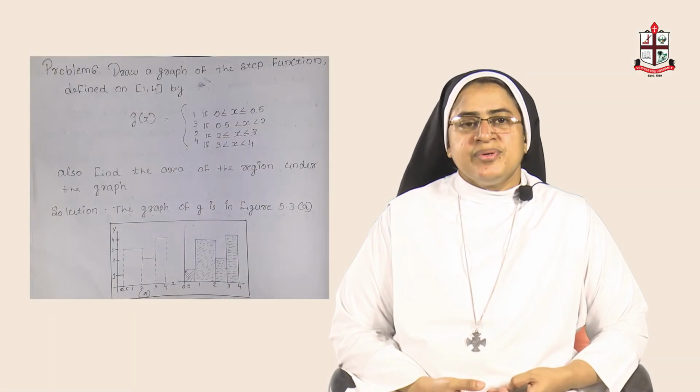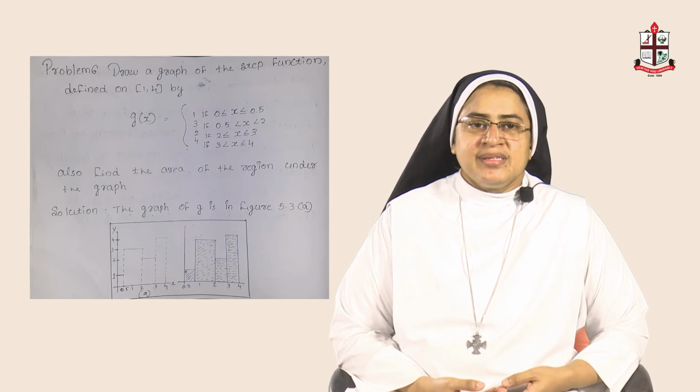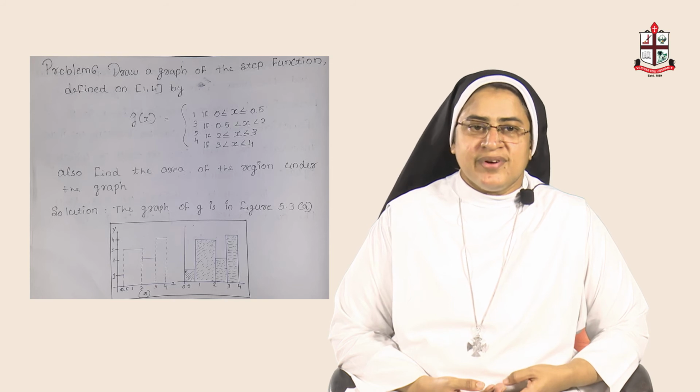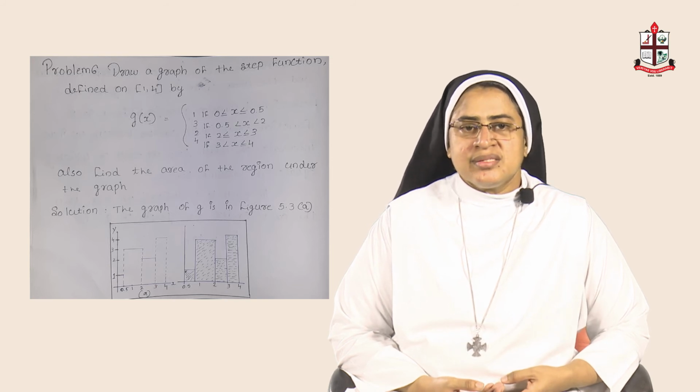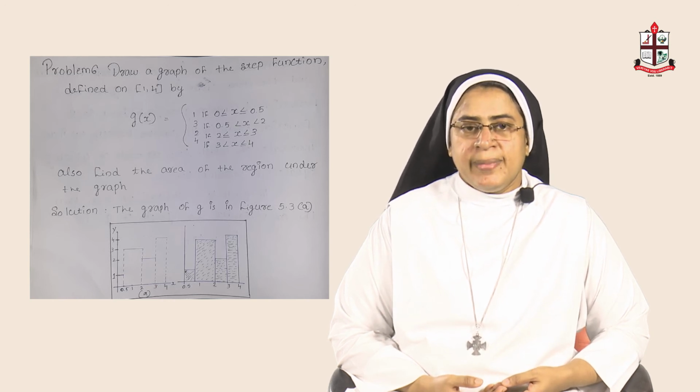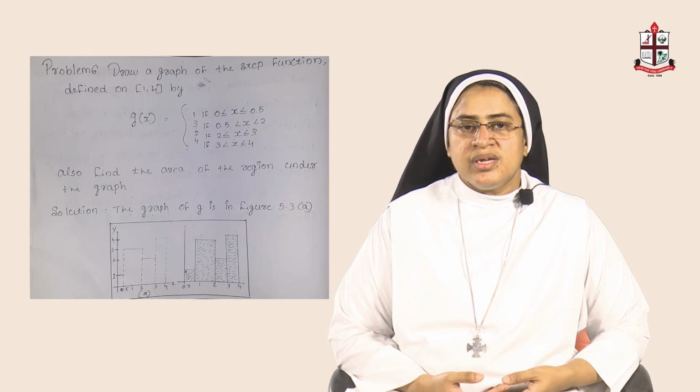So, here we are doing problem number 6, that is, how we will draw a graph of a step function. The question says, draw a graph of a step function defined on the closed interval 0 to 4 by the graph g of x. The values are given in 4 steps, that is, the values are 1, 3, 2, 4.